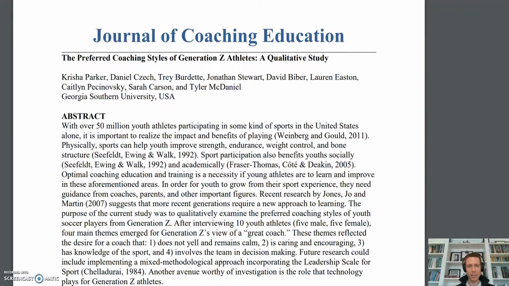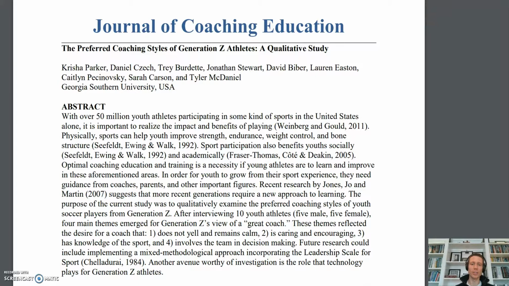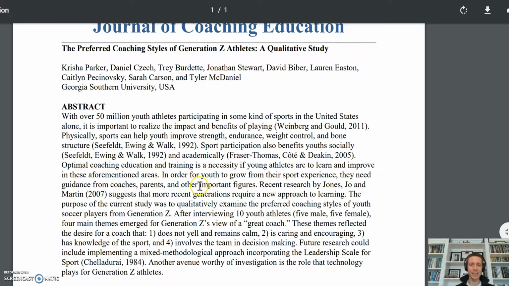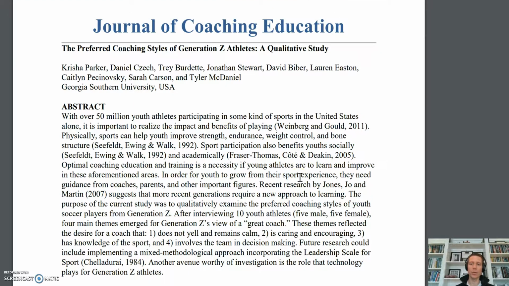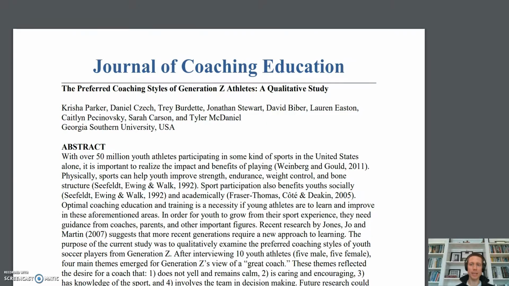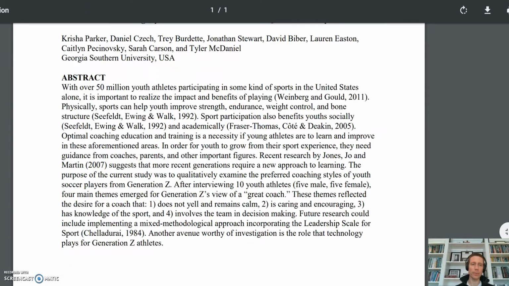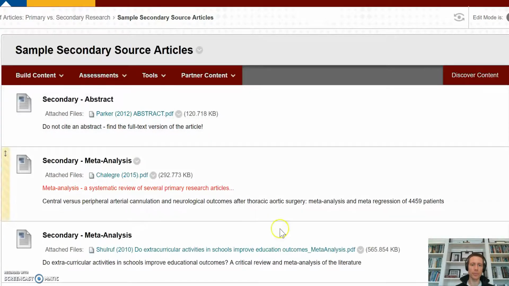An abstract can be qualitative or quantitative study. However, it is not good enough to just read the abstract and cite it in a paper. You need to find the whole paper. So if you can only find the abstract, don't cite it. Find the whole review so you can critique it yourself.